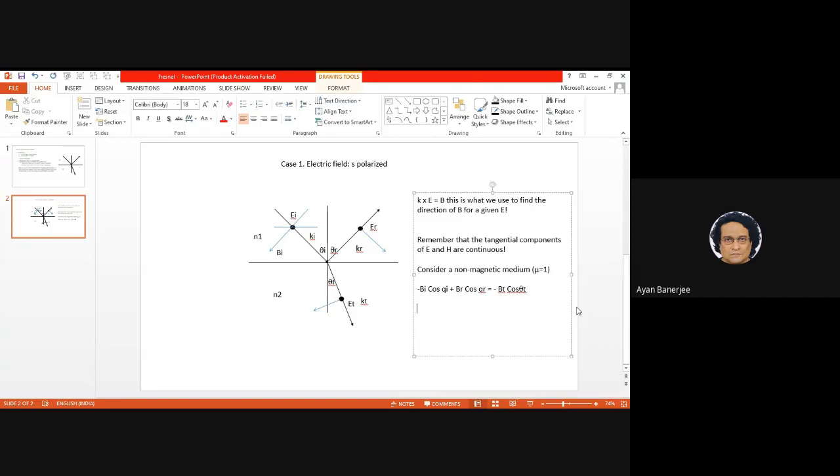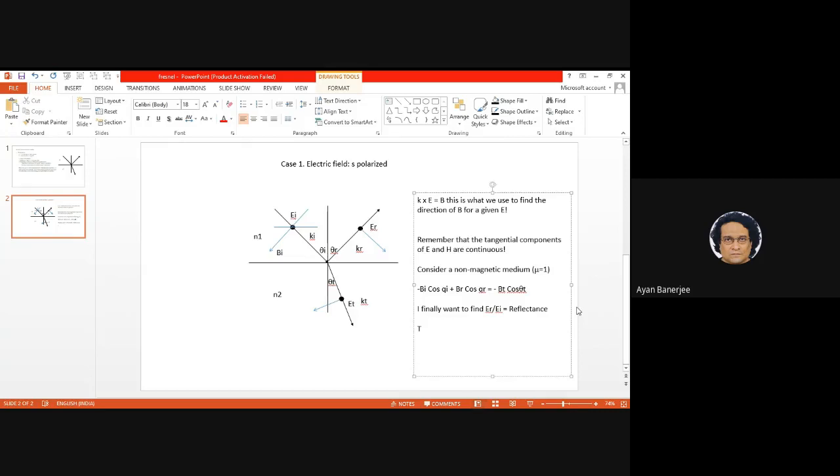Okay, so remember, what do I want finally? I finally want to find ER by EI, which is nothing but the reflectance. And what else do I want to find?